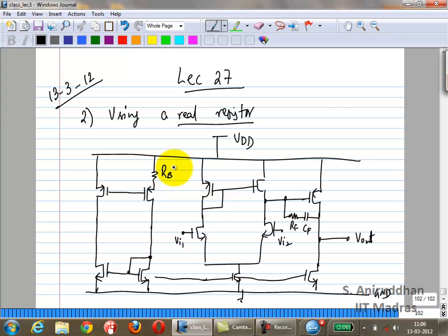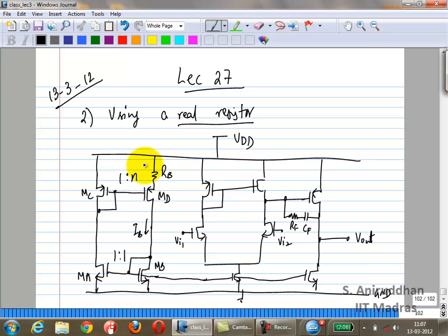I'm going to call this resistor RB. And these transistors are MA, MB, MC and MD. This is some bias current IB. MA to MB ratio is 1:1.